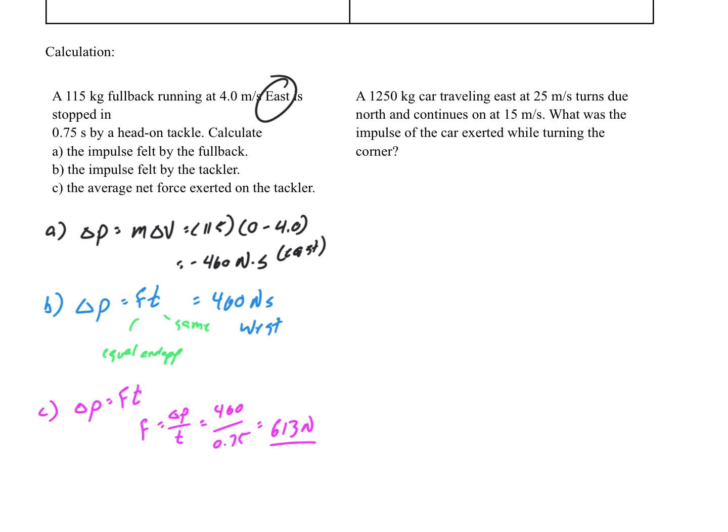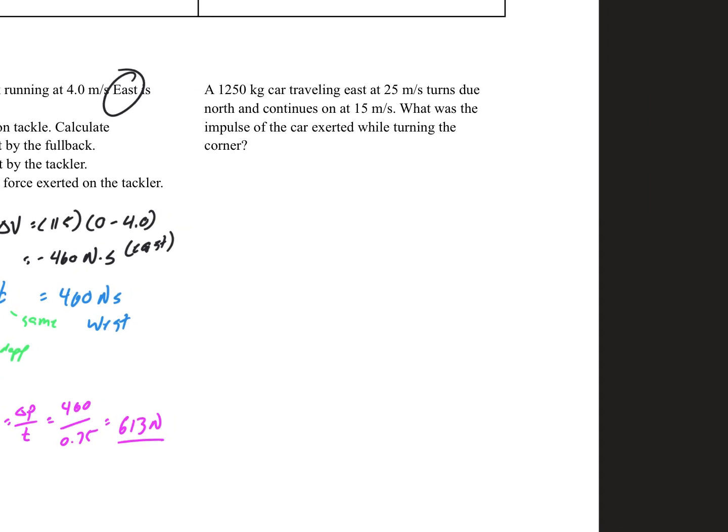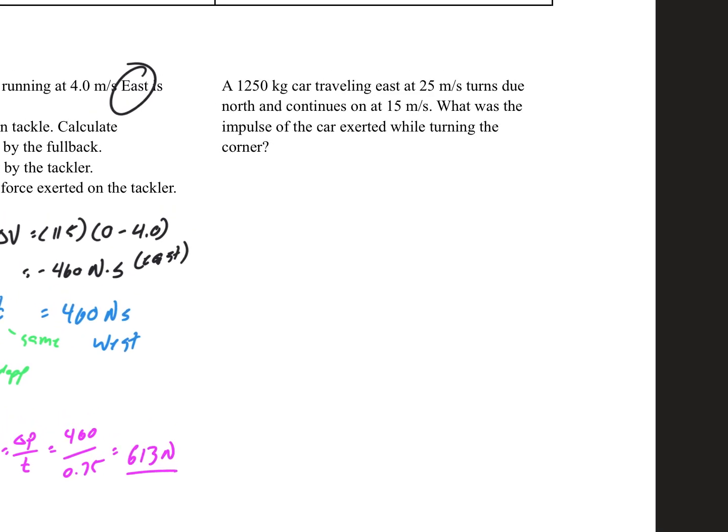Here's another one that is a little trickier in terms of some of the math that you have to do. But once again, knowing vectors is going to really help us out here. So in this particular question, we have a car traveling east, and then it turns due north. Okay, so we have to manage what that looks like.